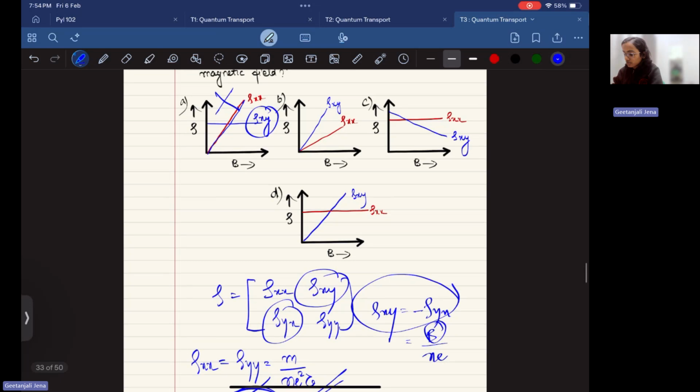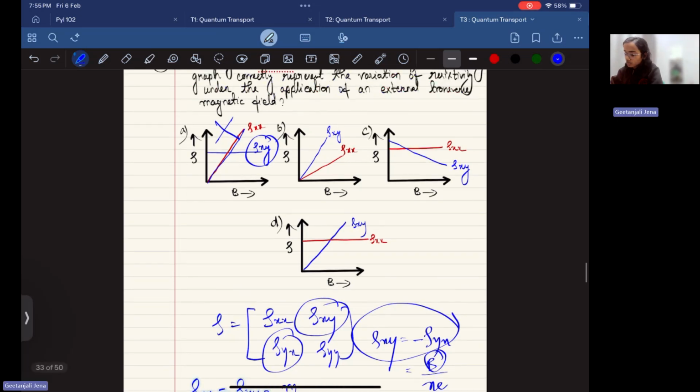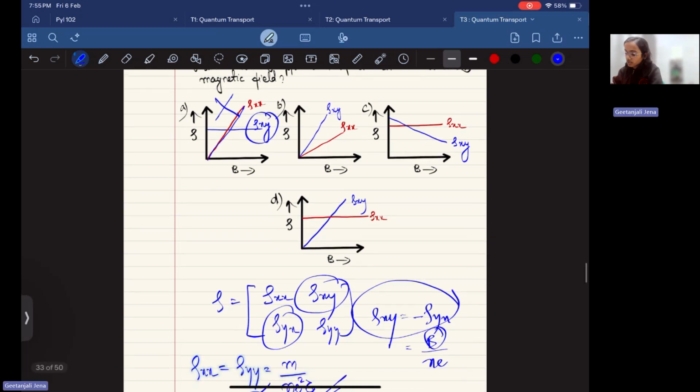And the Hall, the off diagonal one, will increase linearly. So option D will be the correct representation of a change in resistivity in the presence of magnetic field when we consider the classical Hall effect.